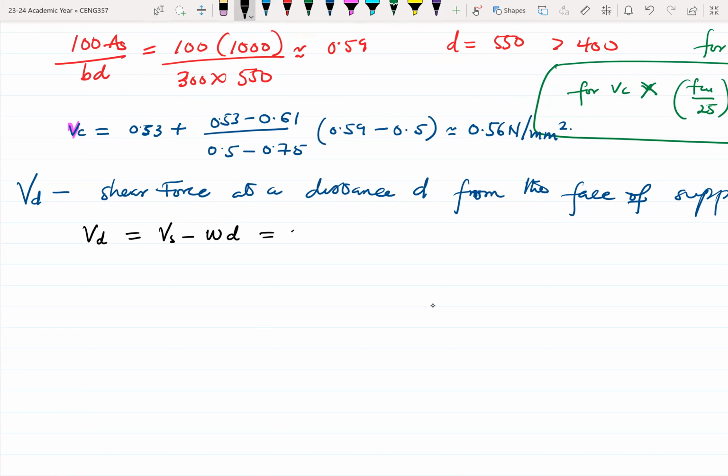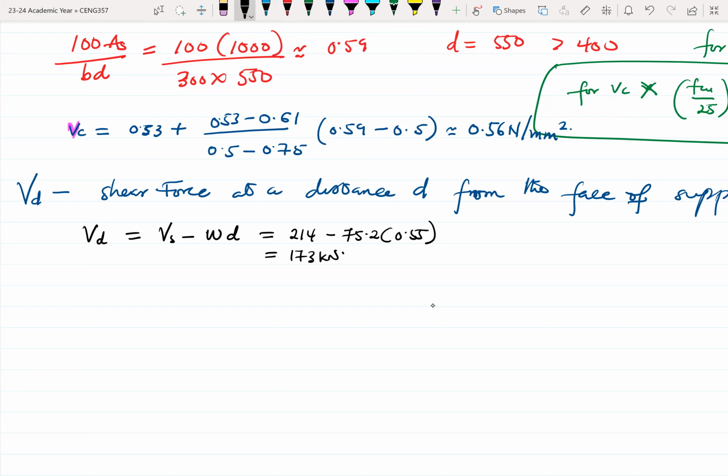So this is 214 minus 75.2 times 0.55 for D. And this should give us 173 kilonewtons.